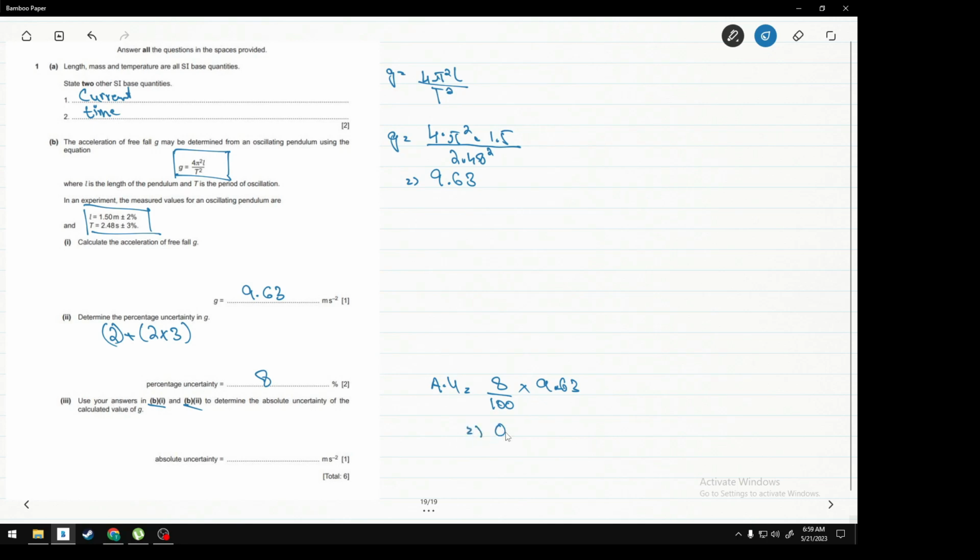It comes down to 0.7704. Now, we can't write this because this has too many significant figures, and we are only allowed to give an answer in 3 significant figures, right? So let's just round this off, and this becomes 0.77.